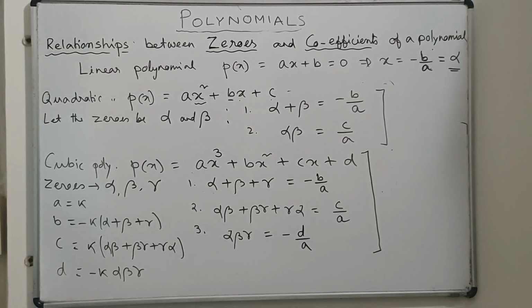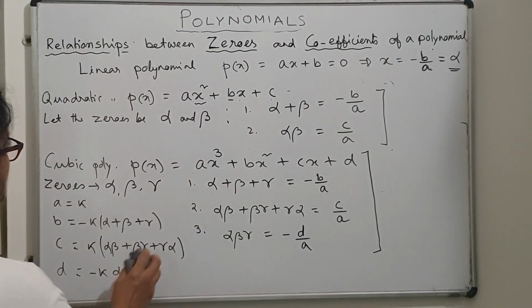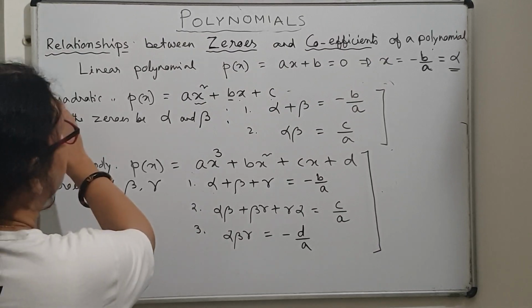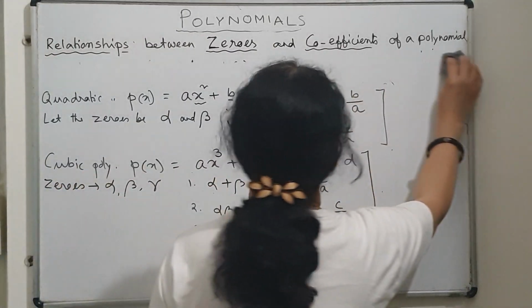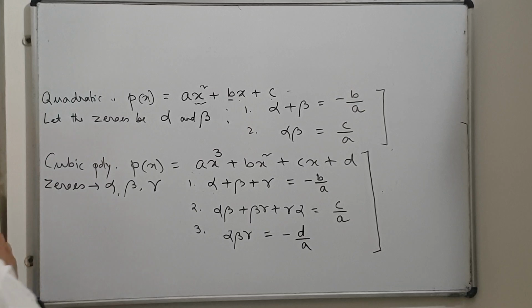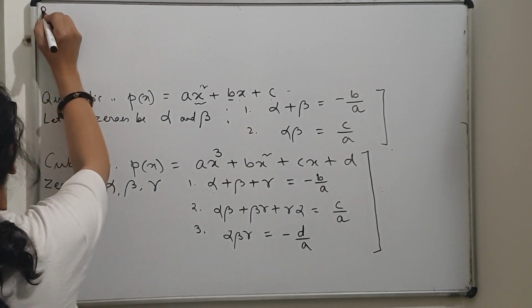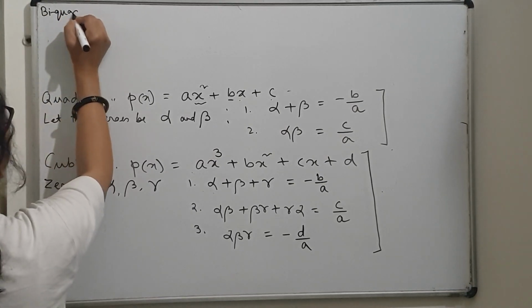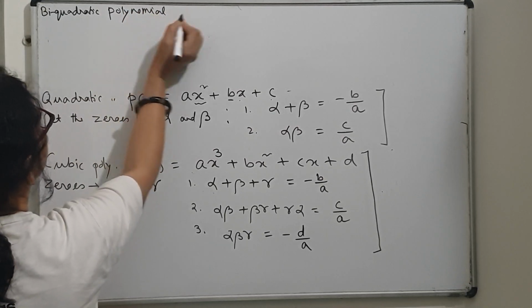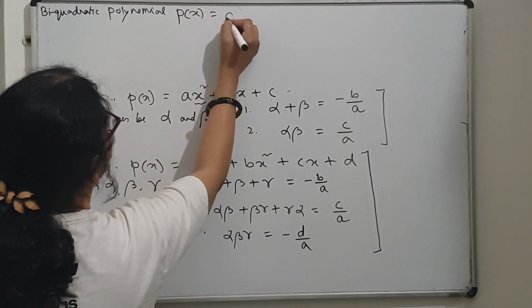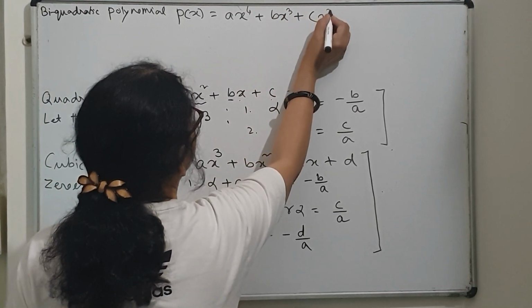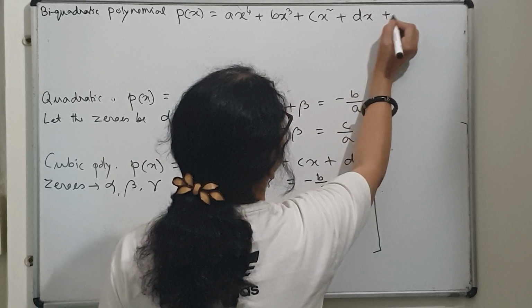So the polynomial p(x) will be ax to the power 4 plus bx cube plus cx square plus dx plus e.